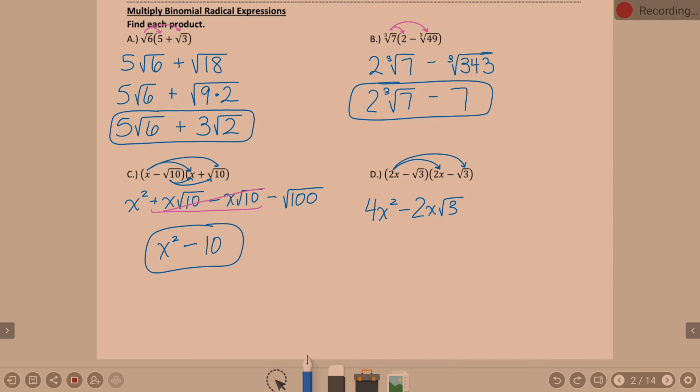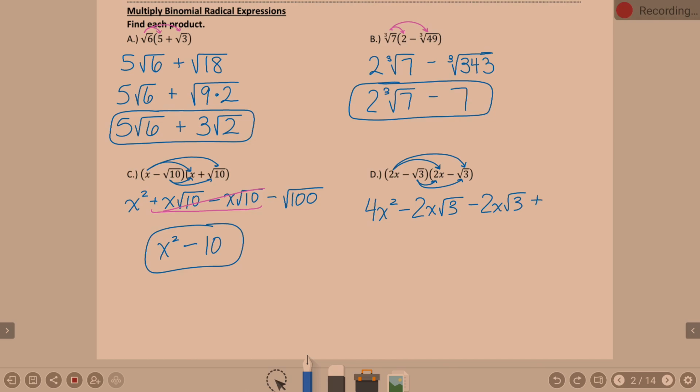Okay, what about my insides? Negative square root of 3 times 2x? Negative 2x square root of 3. Same thing, right? Negative 2x square root of 3. And then our last terms. Negative square root of 3 times negative square root of 3. A negative times a negative is a positive.